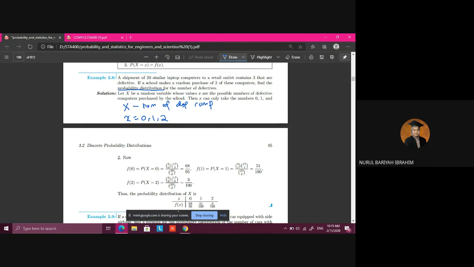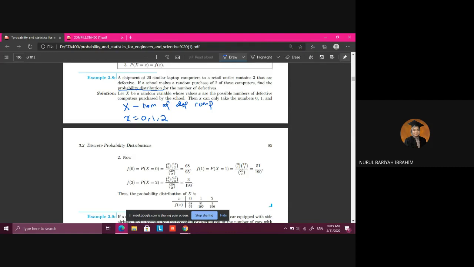So how to find this value? How to find this probability? We can use the combination. Sebab kita ada kat sini maklumatnya daripada 20 komputer 3 defektif. Okay, daripada 20 komputer ni kita nak select 2. So boleh gunakan combination formula.